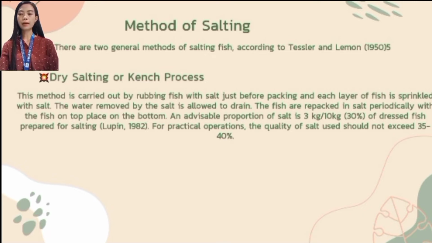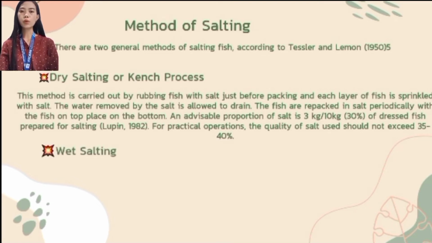The fish are repacked in salt periodically, with the fish on the top placed on the bottom. An advisable proportion of salt is 3 kg for 10 kg of dressed fish, equivalent to 30%. For practical operations, the quantity of salt used should not exceed 35 to 40%.